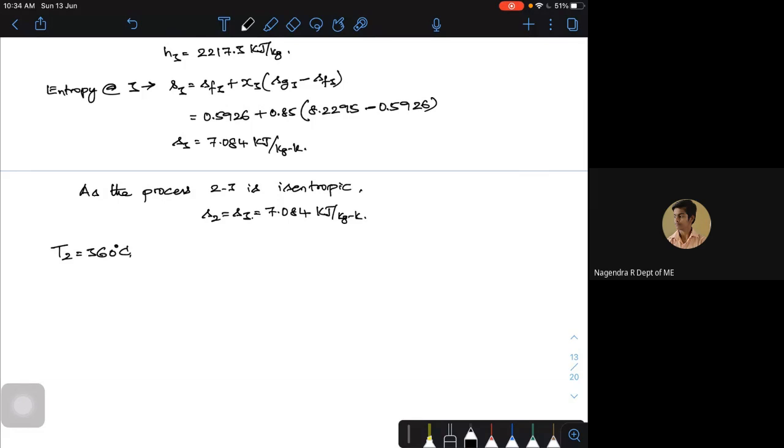Check the entropy at the dry condition. Don't check the saturation pressure. Check whether this value is somewhere around 7.084. Are you getting it? Or do you want me to open the steam tables?